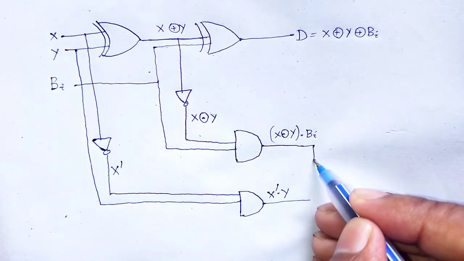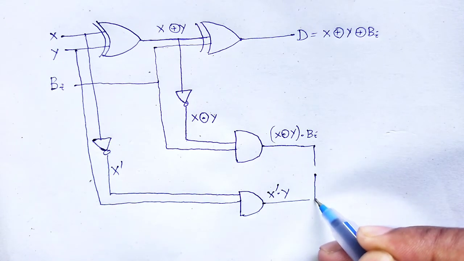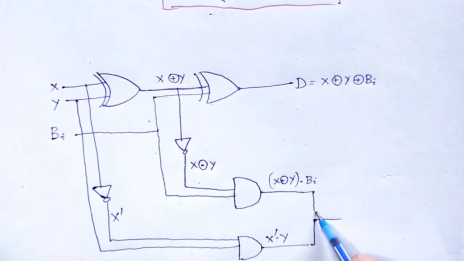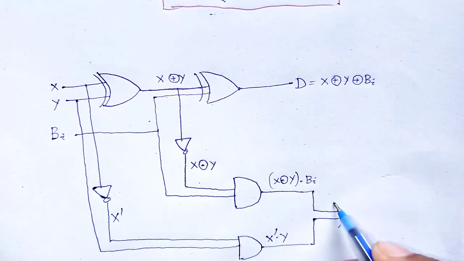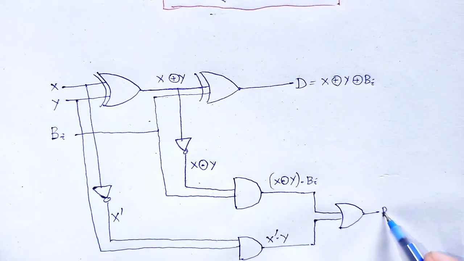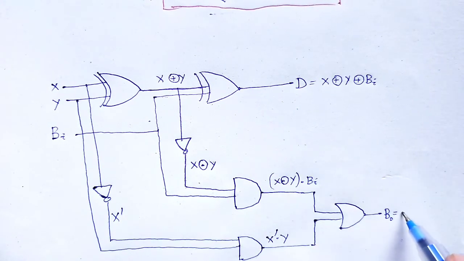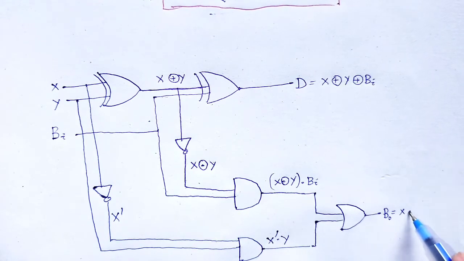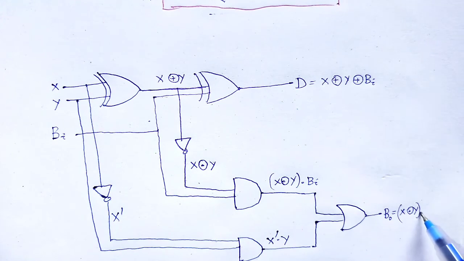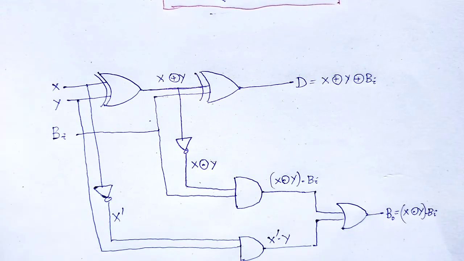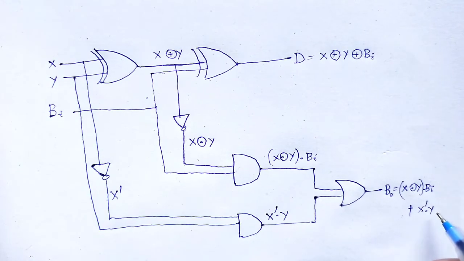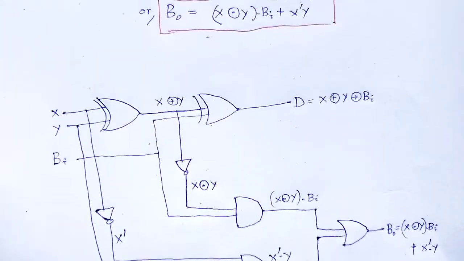These two are the input towards an OR gate. So at the output of that OR gate, the borrow output, we have x XNOR y dot bi plus x prime dot y, that is the borrow output.